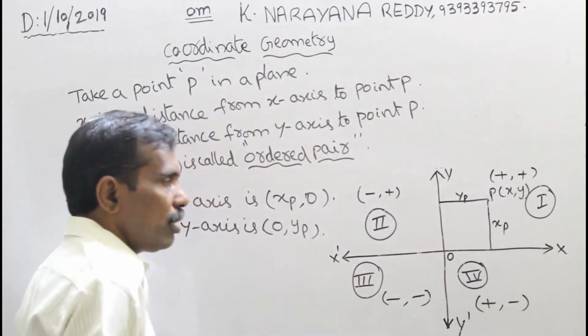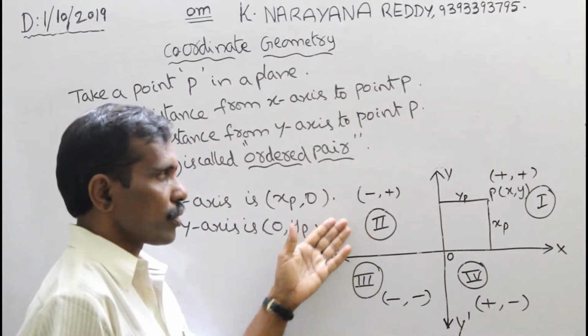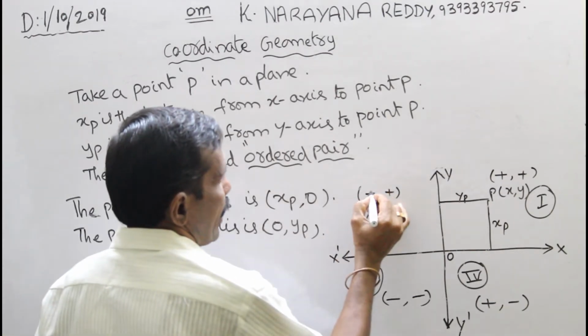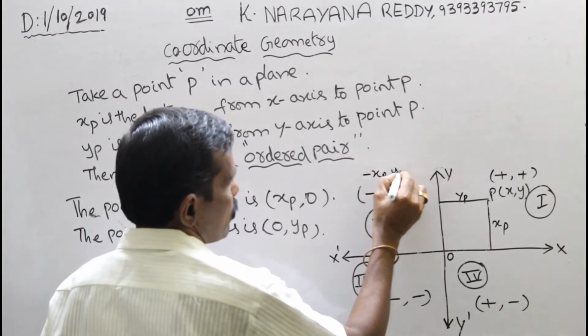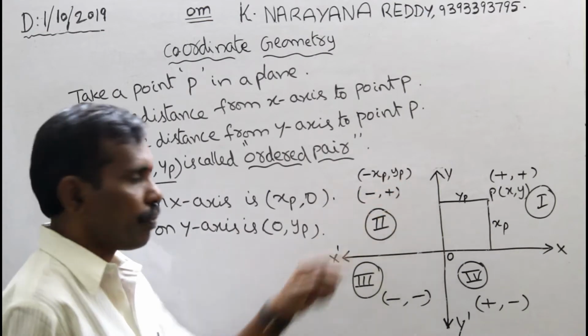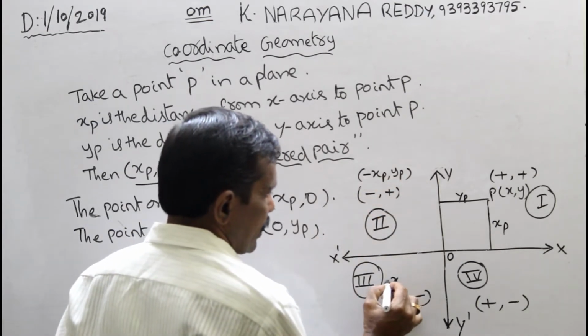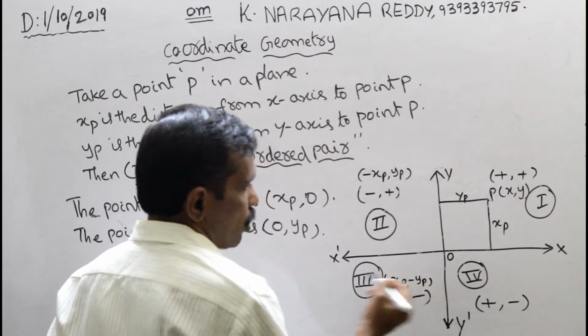In the same manner, we can take the second quadrant also. In the second quadrant, what do you get? Minus xp, yp. In the same manner, in the third quadrant, minus xp, minus yp. Both are minus.